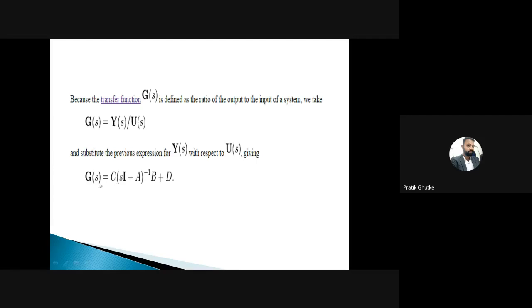What are your C, A, B and D? These are your matrices. In upcoming questions, you will be given the matrices A, B, C and D, and you have to calculate using the input equation and then the output equation. Okay.